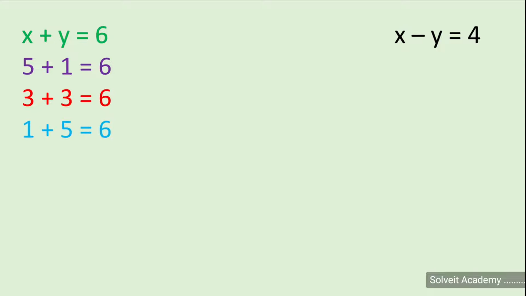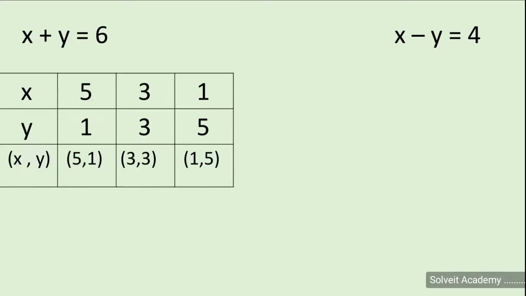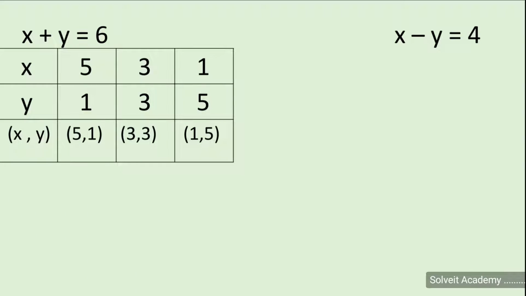Similarly, for x value as 1, the y must be 5 as the sum of 1 and 5 is 6. Let's summarize these values in a table. So we have x values as 5, 3 and 1 with respect to the y values as 1, 3, 5 respectively.